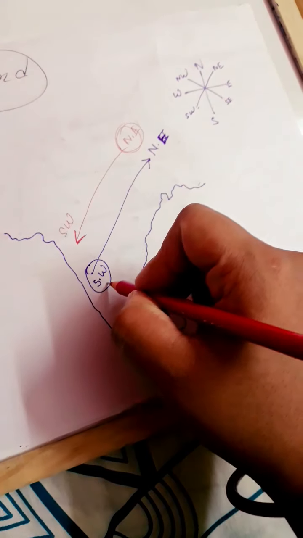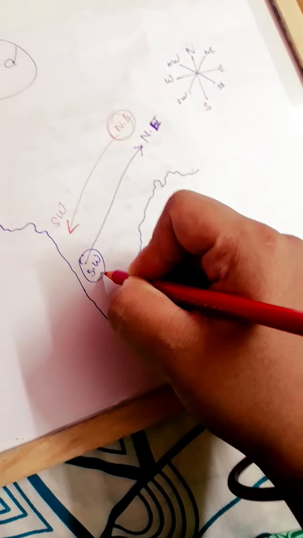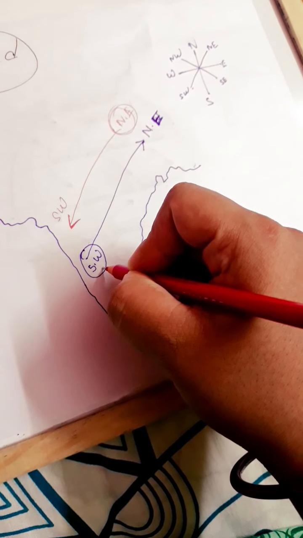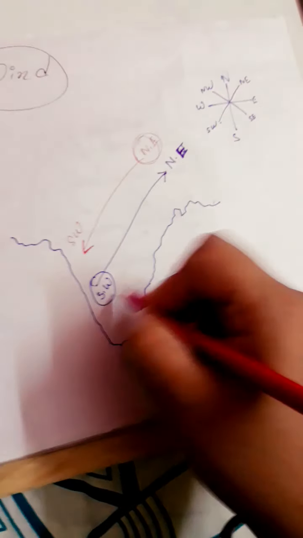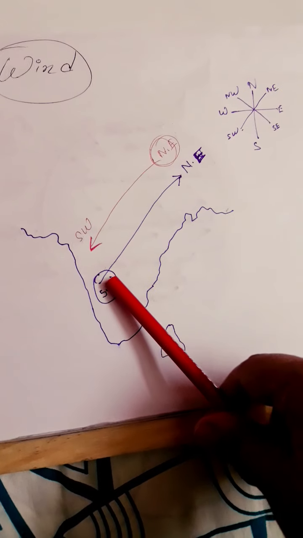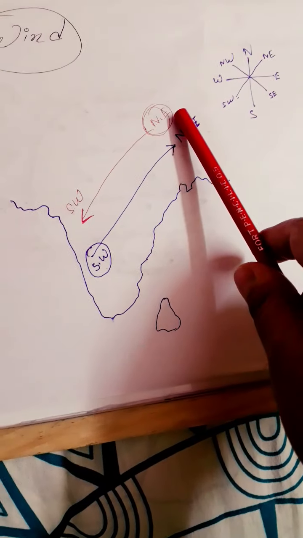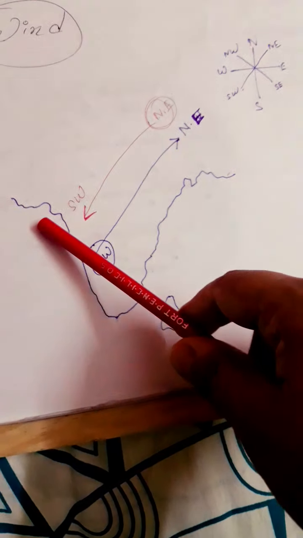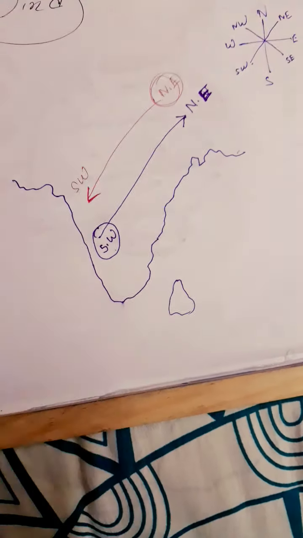So from which place the winds have started to originate, the name will be according to that direction. Okay, this is clear, I think. If the winds are blown from the southwestern side, the name will be southwestern winds. If the wind blows from the northeastern sides to southwestern sides, then the name will be northeastern winds.